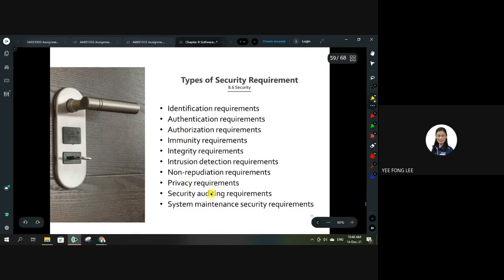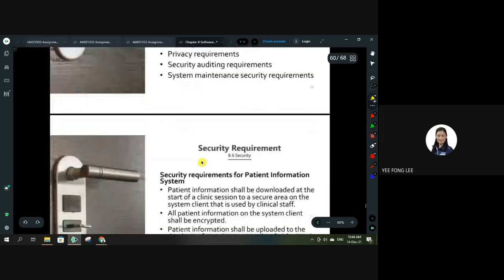Altogether 10 types. Of course, we will not apply all these requirements in every system. It truly depends on the type of the system, the situations of use, and also the expected users. So it's flexible, not necessarily all 10 types have to be applied.